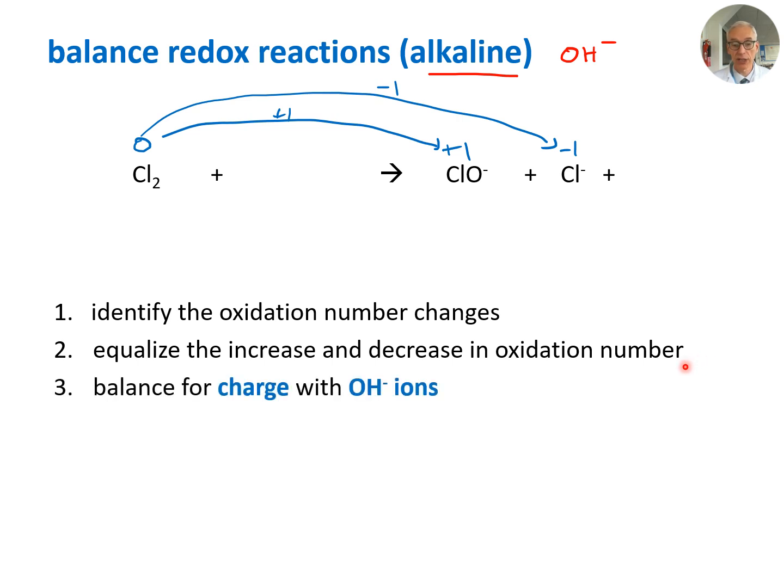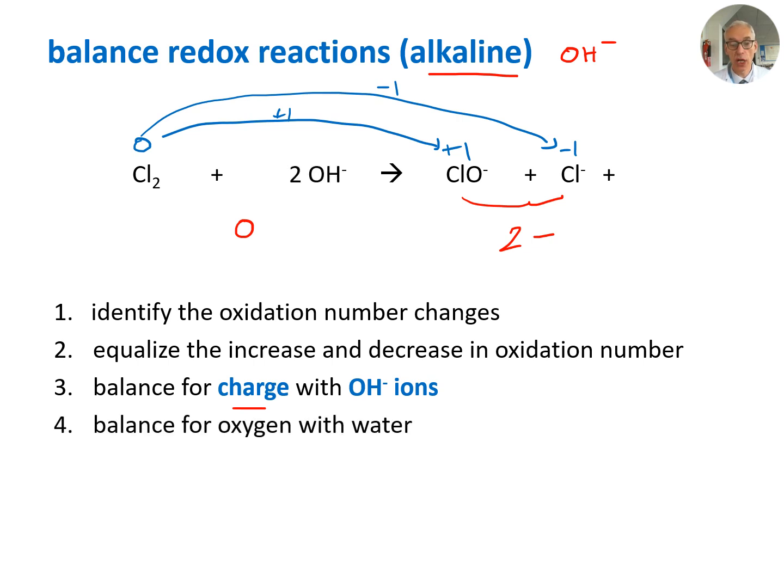So I now balance for charge with hydroxide ions. Overall charge is 0 on the left-hand side. Overall charge on the right-hand side is 2-. We've got a minus ion and a minus ion. So I need to add 2 hydroxides to balance for charge.